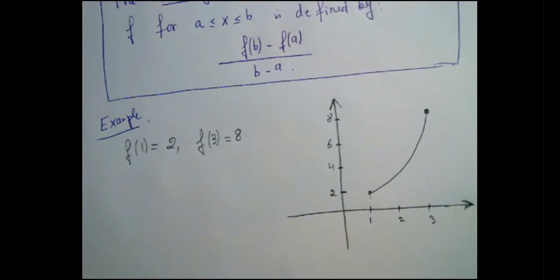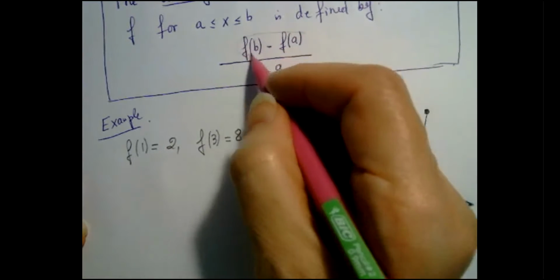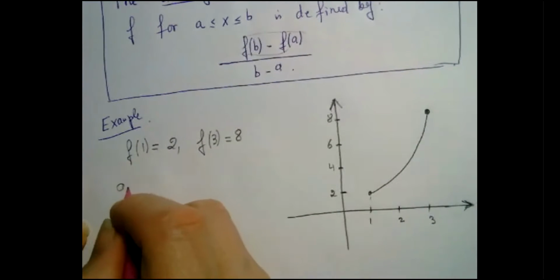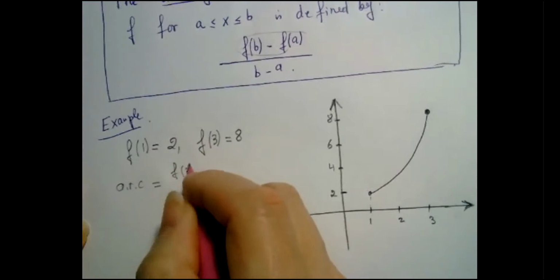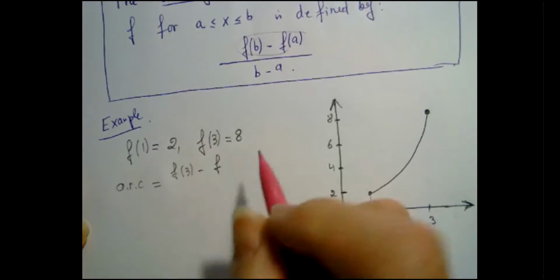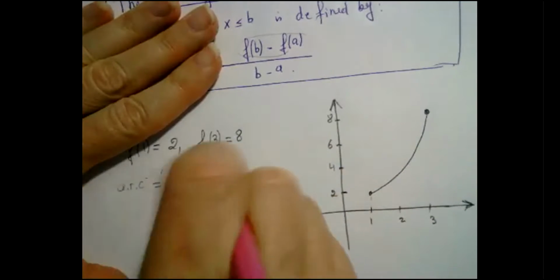Now, the average rate is f of b minus f of a. I'm not going to compute, I'm going to just write it.